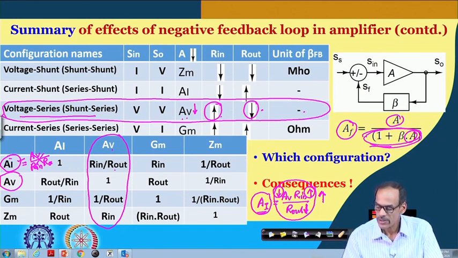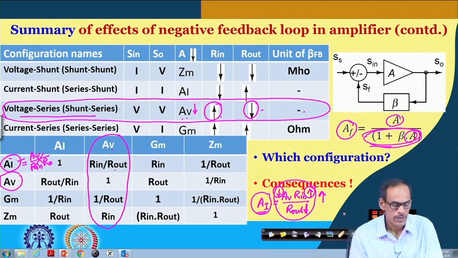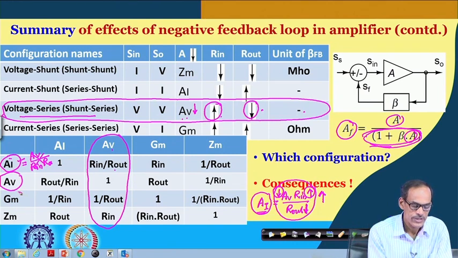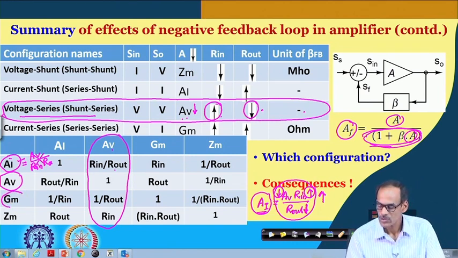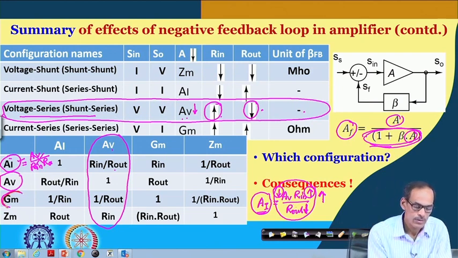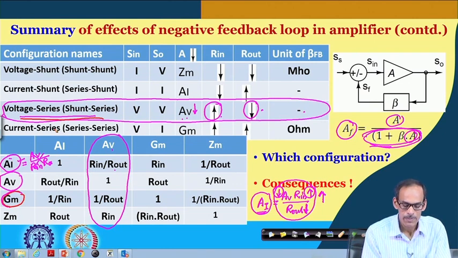Likewise, if I consider Gm for this configuration, its expression in terms of AV is given here.